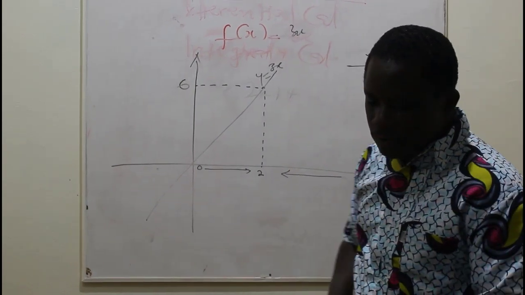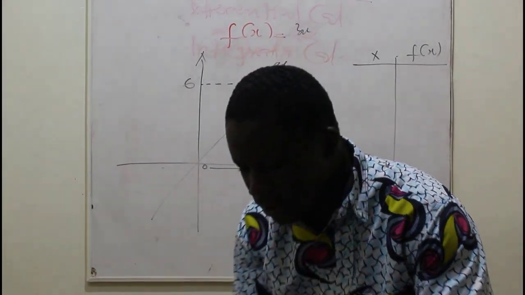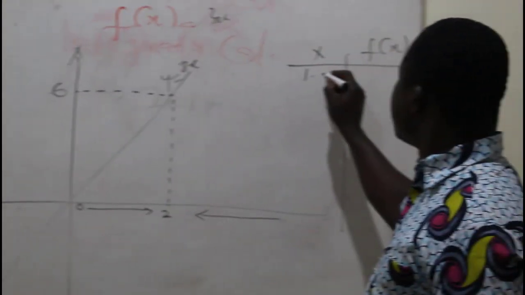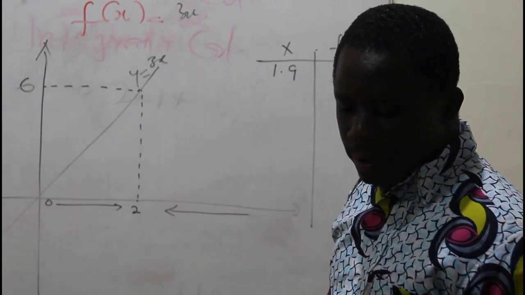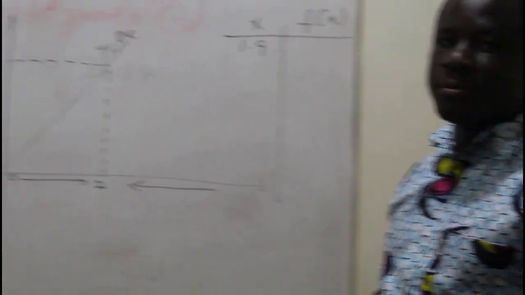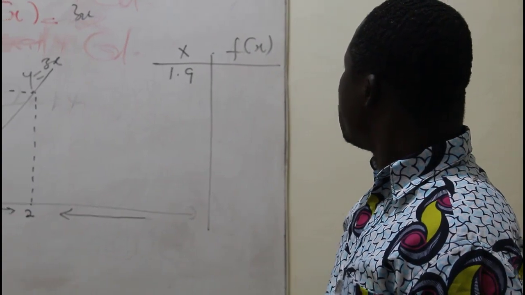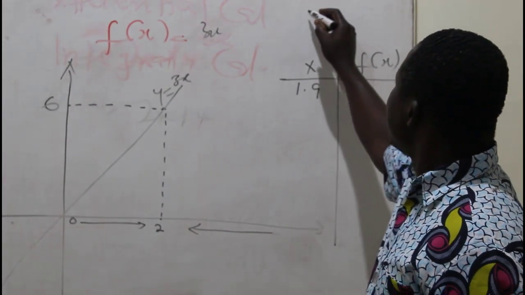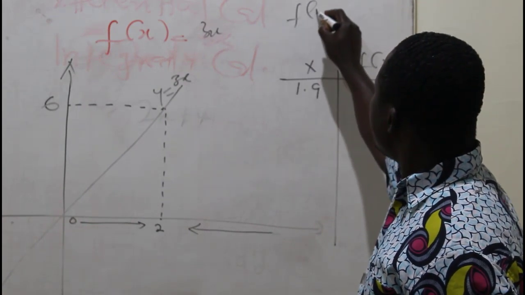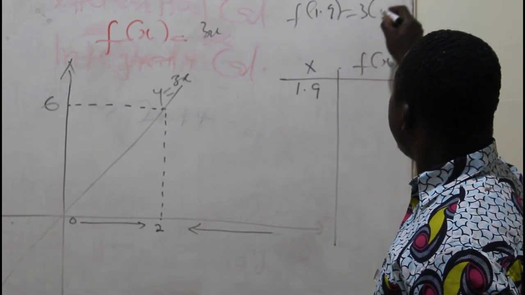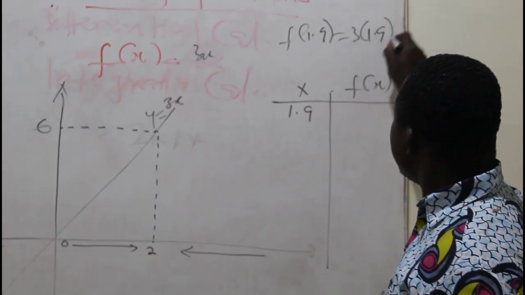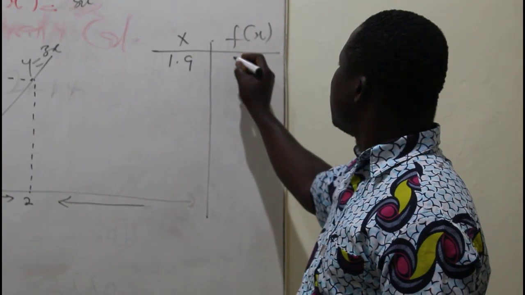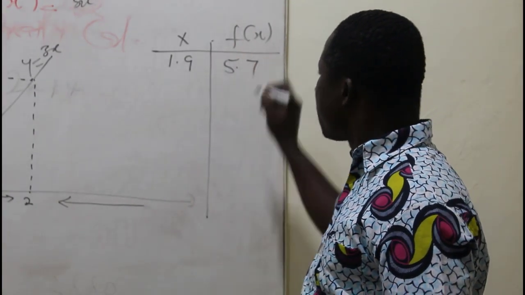So we are going to choose values closer to 2. x is 1.9. We all know that 1.9 is not up to 2. So when you put 1.9 into 3x, that is, we write f of 1.9, which is 3 times 1.9, and when you compute on your calculator, you come out with 5.7.